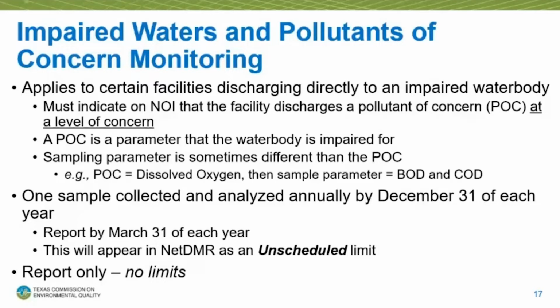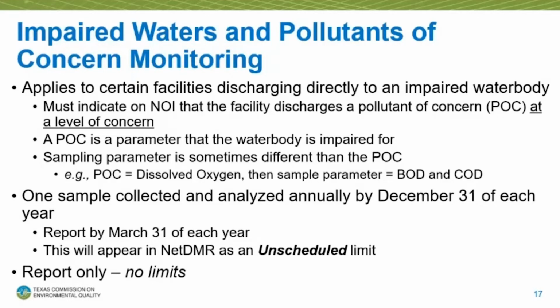So on the notice of intent or the application that our permittees submit, there is a question that asks if the facility discharges a pollutant of concern at a level of concern. So if, for example, your facility discharges to a water body that has an impairment for nickel, but you don't do anything with nickel, your facility doesn't discharge any nickel, there's no reason to believe that your facility is discharging nickel at a level of concern for that water body.